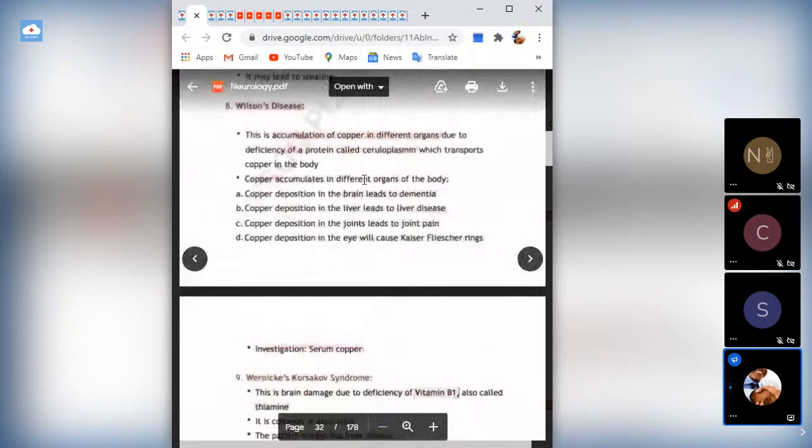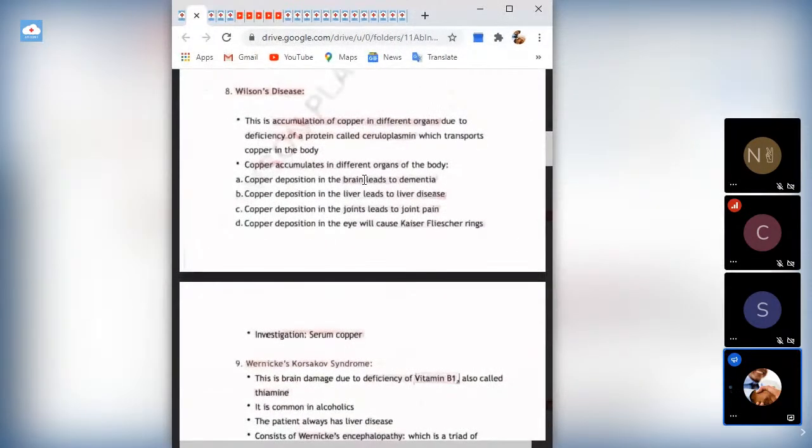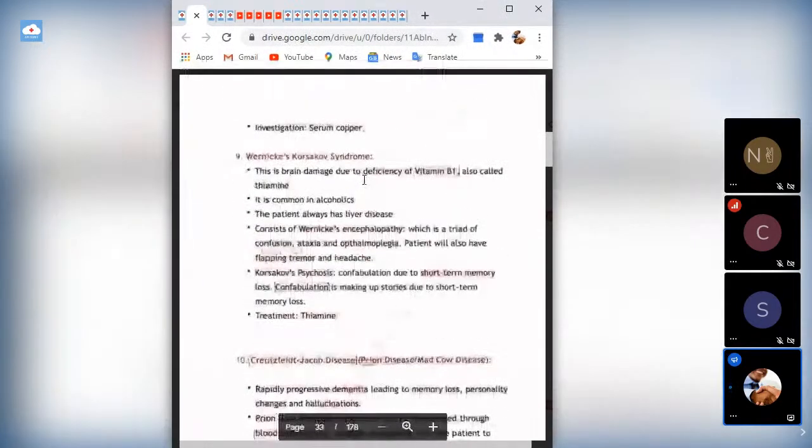You have to rule out hypothyroidism, all right? So you can see the importance of all those things now.